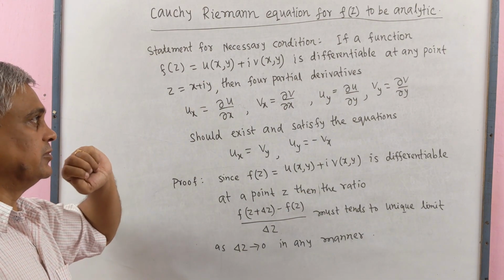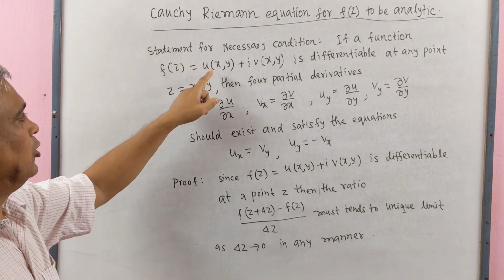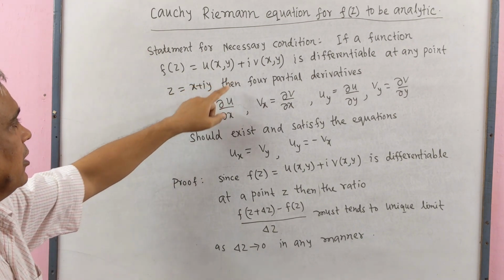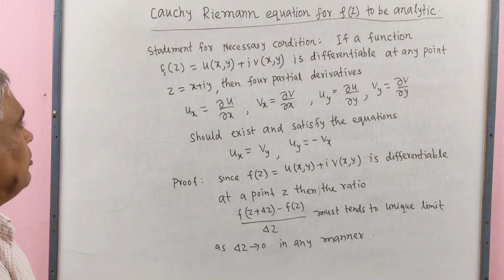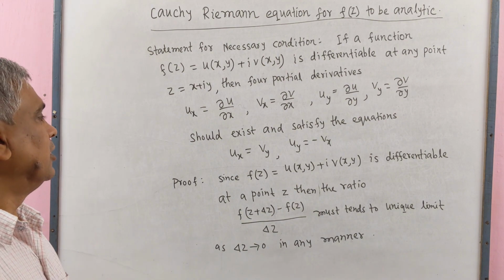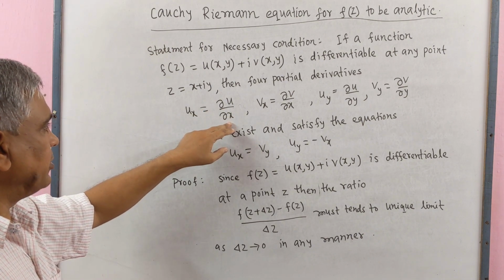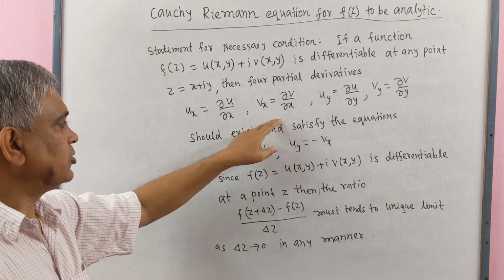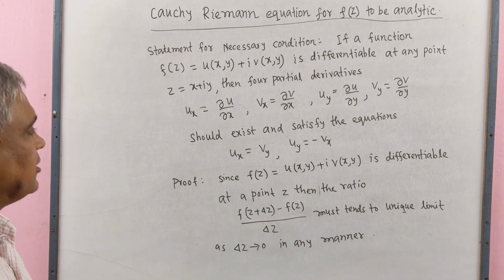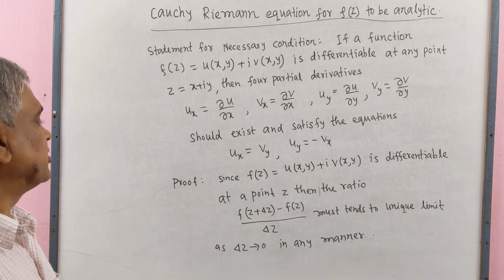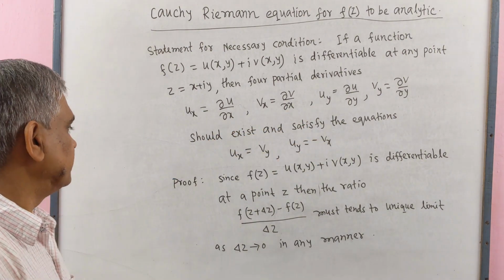Statement for necessary condition: if a function f z, that is function of z, equal to u x y plus i v x y, is differentiable at any point z equal to x plus i y, then the four partial derivatives u x equal to del u by del x, v x equal to del v by del x, similarly u y and v y, should exist and satisfy the equations u x equal to v y and u y equal to minus v x.